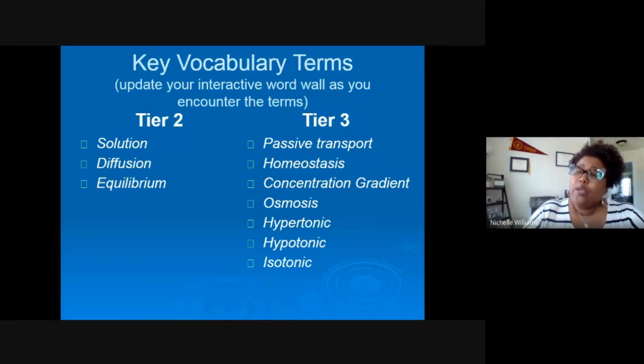And so as we go through and use the words and come across processes that address those, or the definitions or meanings, you will be responsible for updating your interactive word wall. And remember that interactive word wall is due at the end of the unit, and we plan to finish this unit next week. So if you're behind on that, you need to be updating your interactive word wall.